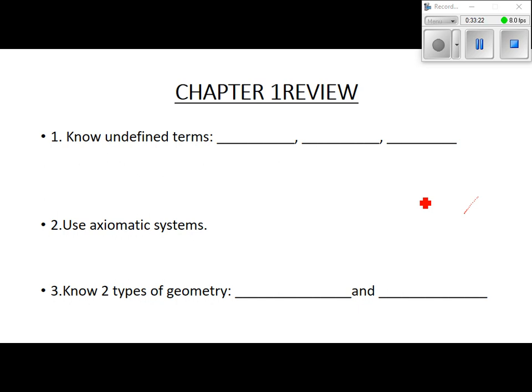Number one, know the undefined terms. What were the three undefined terms that we talked about at the very start of the year? Line, now we set them all backwards. Does that matter?